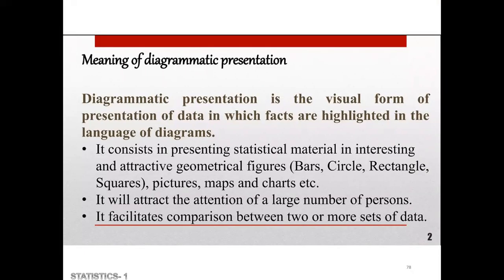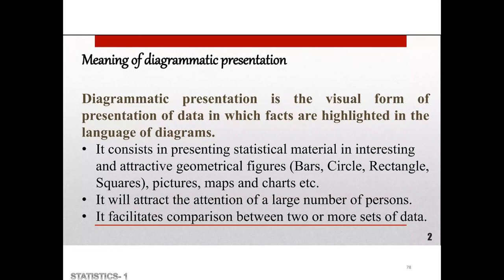It is the visual form of representation of data in which the facts are highlighted in languages of diagram. So what do you mean by languages of diagram? Here we will be representing the statistical data by using certain geometrical figures such as bars, circles, rectangles, squares, pictures, maps, and charts.